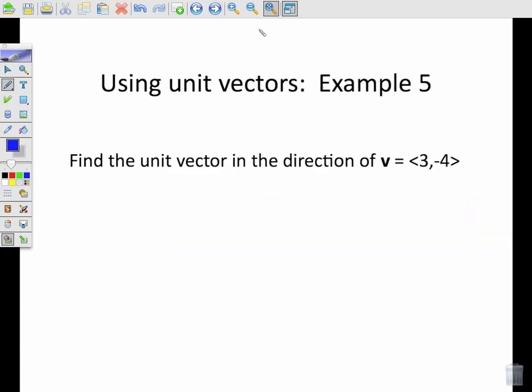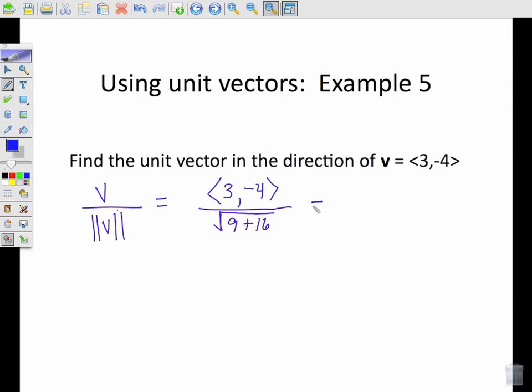Using unit vectors, finding the unit vector. The unit vector, again, is the vector over the magnitude of the vector. So let's look at this. I've got the vector 3, negative 4 over the magnitude. The magnitude would be the square root of 9 plus 16. I've just squared both of those. Since this is in component form, you square it and add them together.